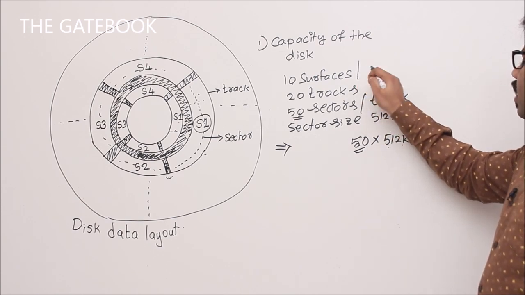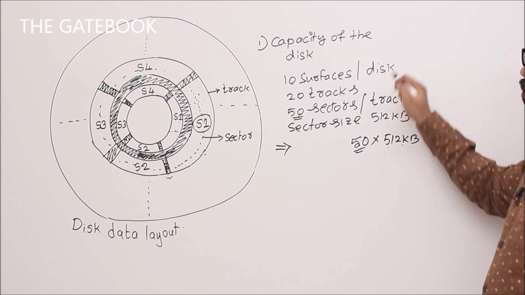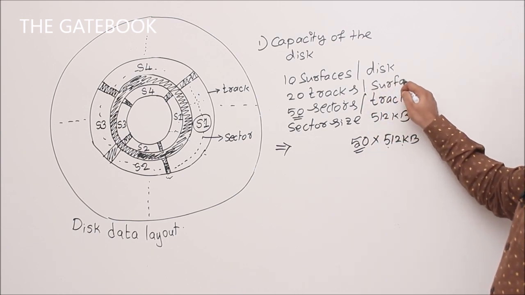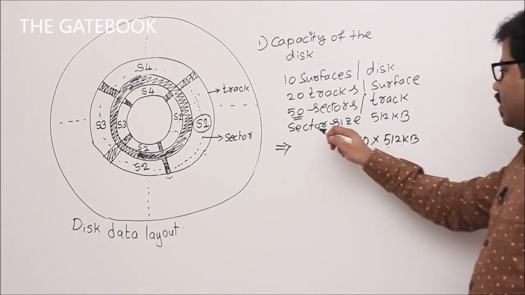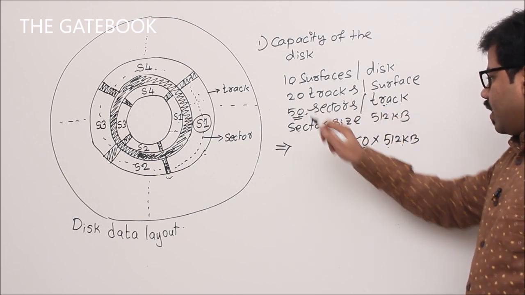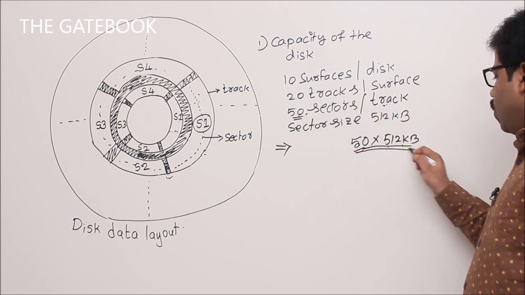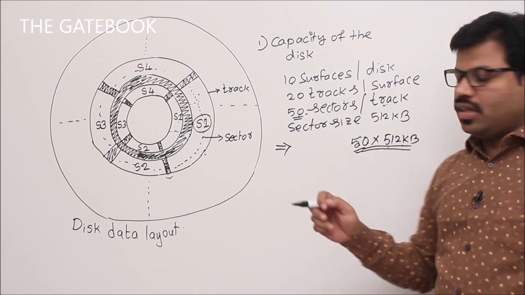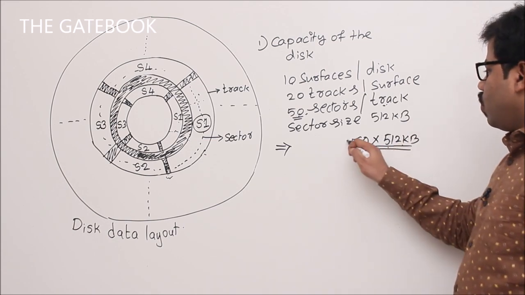Similarly, there are 10 surfaces per disk, and we have 20 tracks per surface. Try to understand: each sector size is 512 kb. Since each track has 50 sectors, this 50 into 512 kb is nothing but the track size. But track size is not sufficient. If you want to know the disk size, we should know the number of tracks.